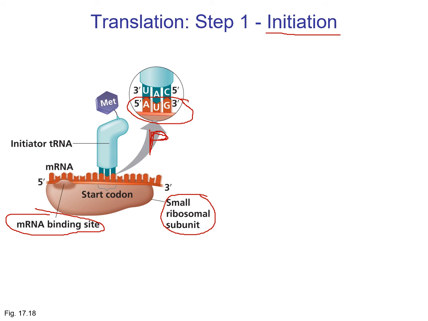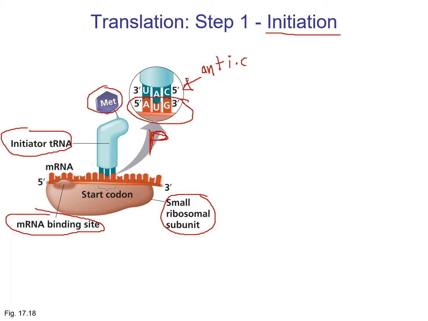The last thing that comes in is the initiator transfer RNA, and the initiator transfer RNA has methionine attached to it. Notice the anticodon is lined up with the start codon. The start codon is AUG, and the anticodon is 3' UAC or 5' CAU, depending which way you want to read it.